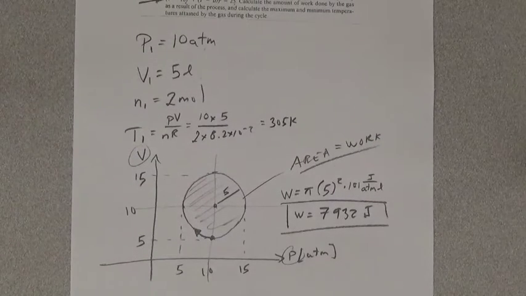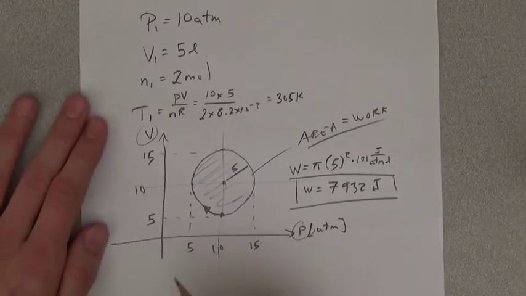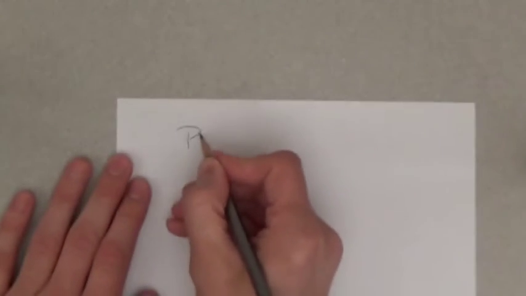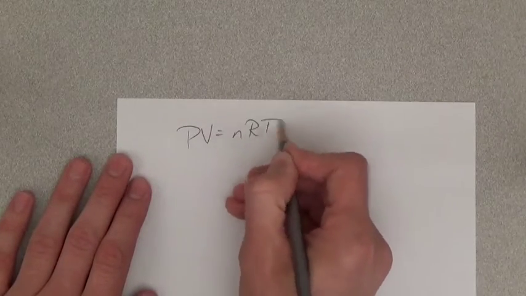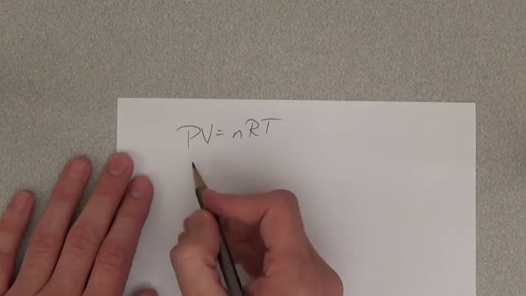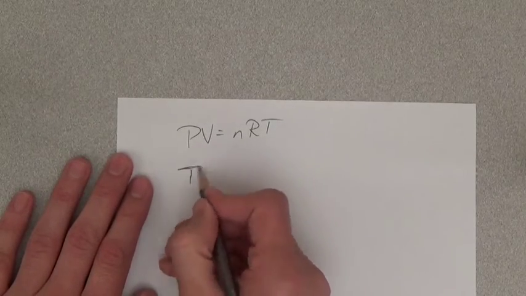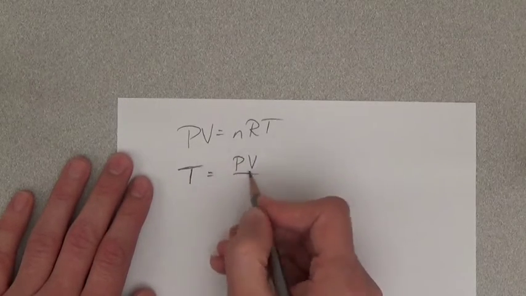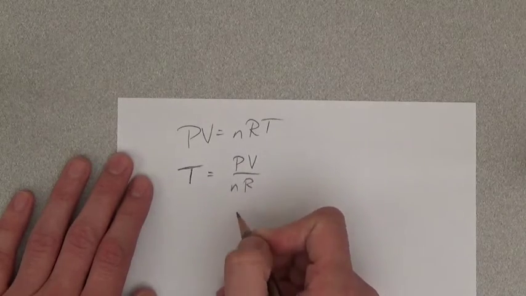And then the next question in the problem is, can you find the maximum and the minimum temperatures during that cycle? And we can. To do this, we start with PV equals NRT. So we have T is equal to PV over NR.